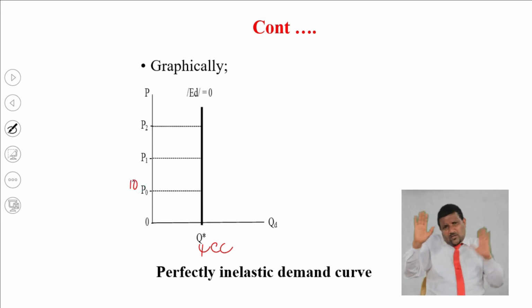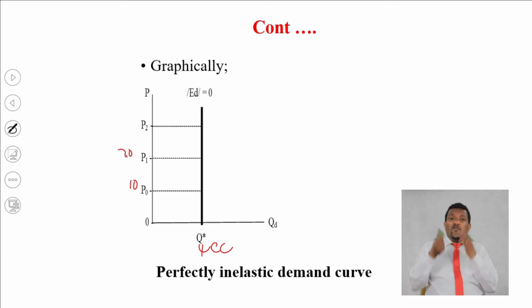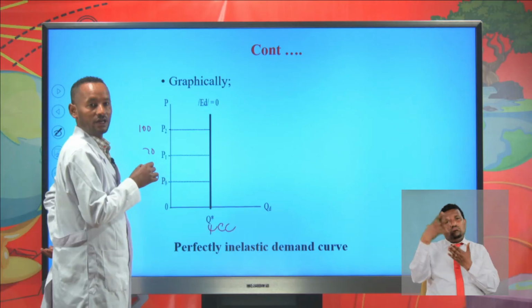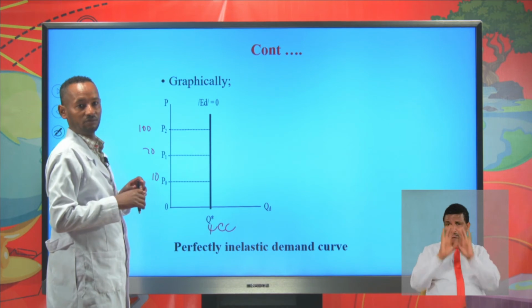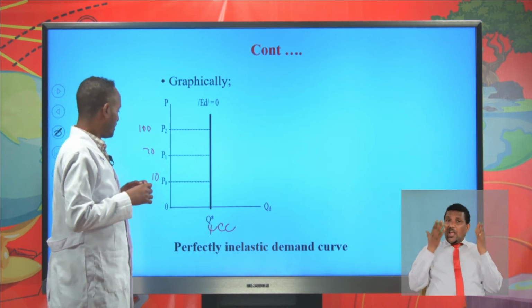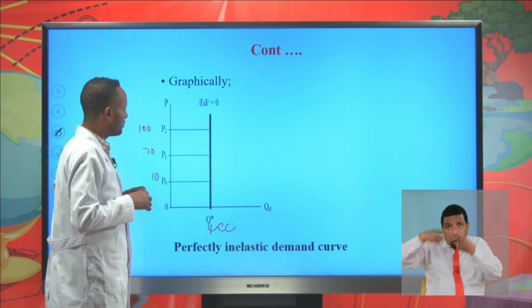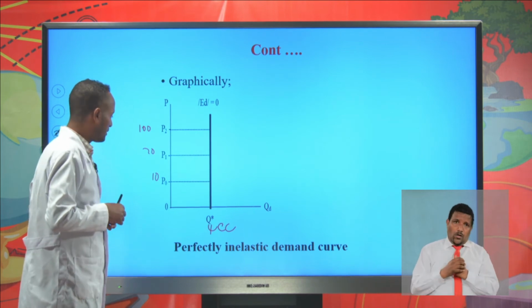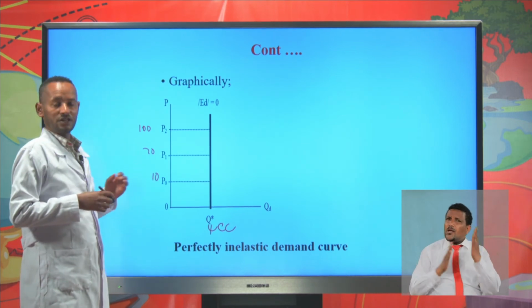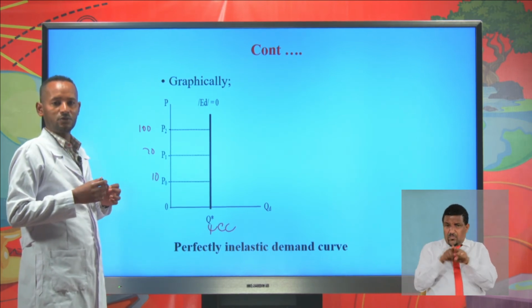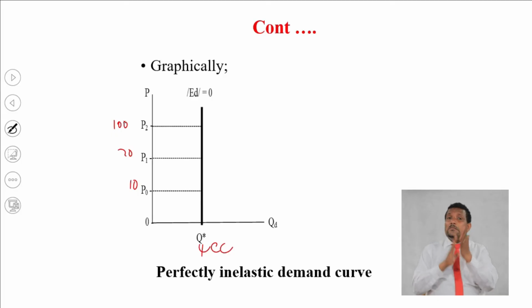If it increases to 20 birr, he will buy it. If it also increases to 100 birr, this patient will still buy it, because it is very essential for survival. If he could not afford it, he will die. So the demand for such essential products which are essential for survival is perfectly inelastic.